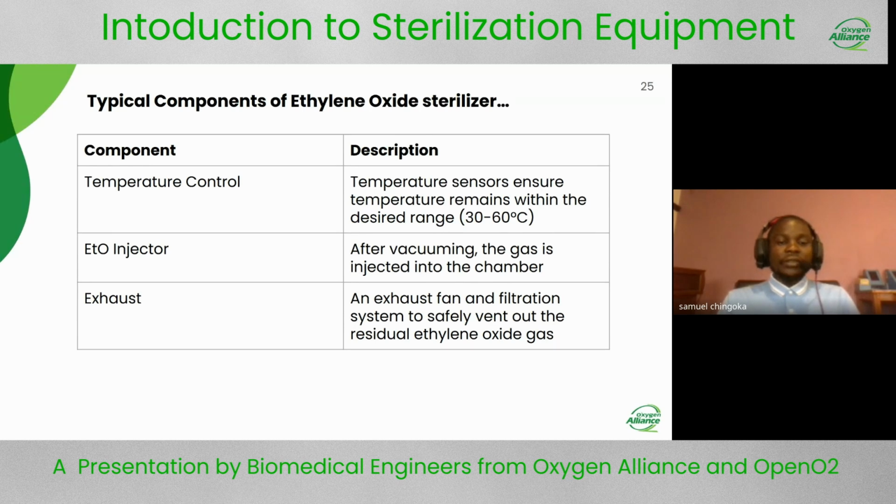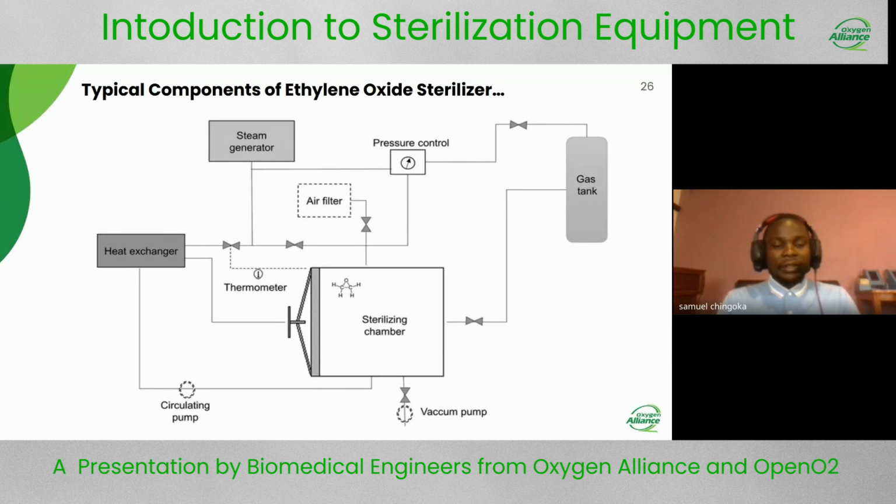We also have an exhaust fan and filtration system that safely vents out the residual gas. This diagram shows the typical components of an ethylene oxide sterilizer: the vacuum pump, the chamber, the controls, and the gas tank.